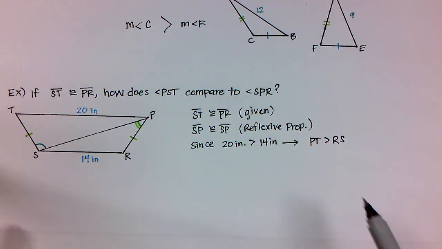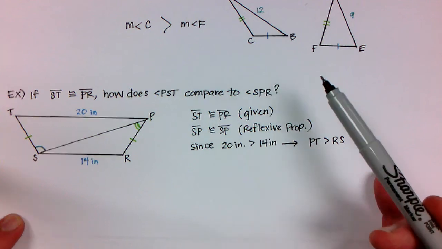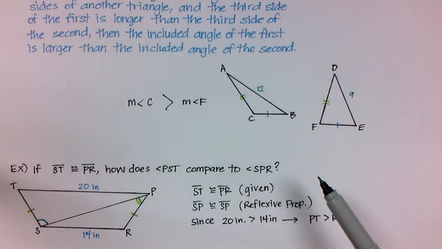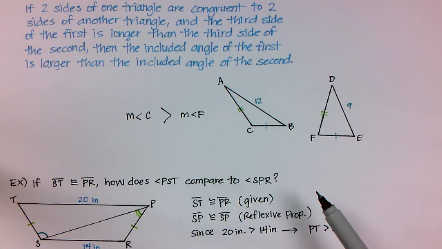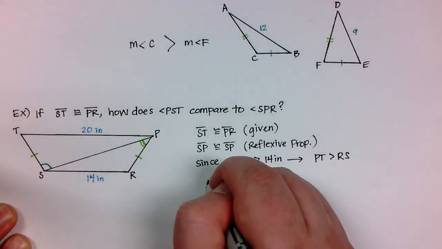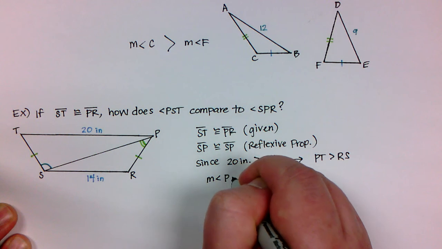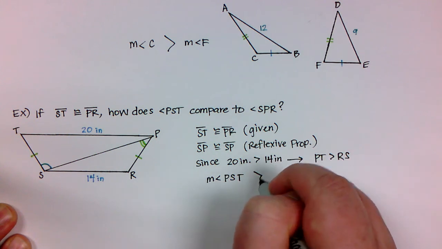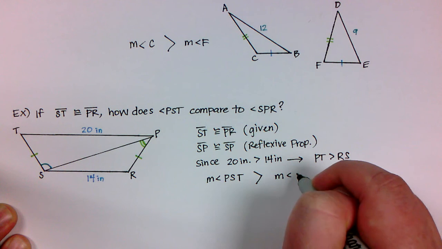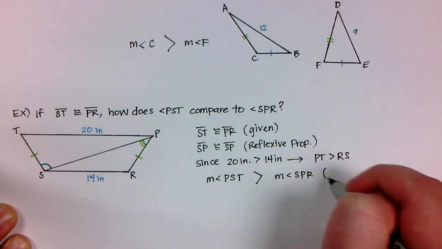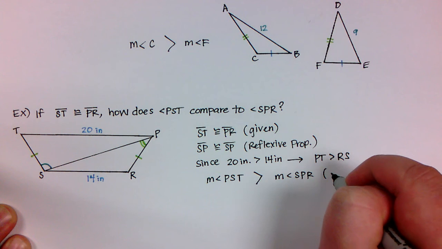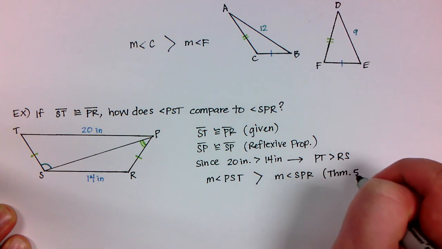And this is basically what I was given up above, that if I had two sides in a triangle that were congruent to two sides in another triangle, which I've shown here, and also if the third side was bigger than the third side of the other triangle, then I can assume that the measure of angle PST is greater than the measure of angle SPR. And that's by the Converse Hinge Theorem, Theorem 5.14.